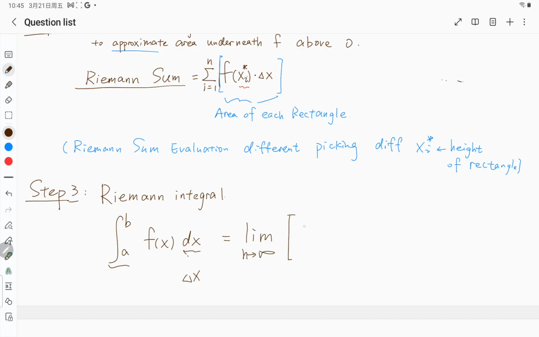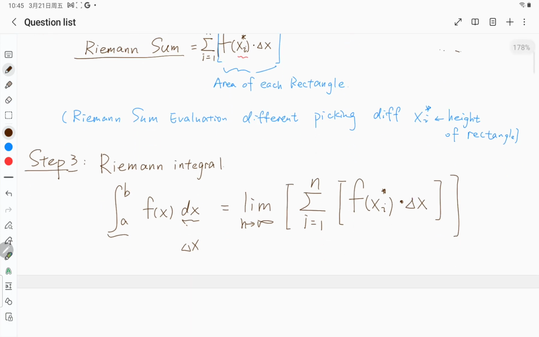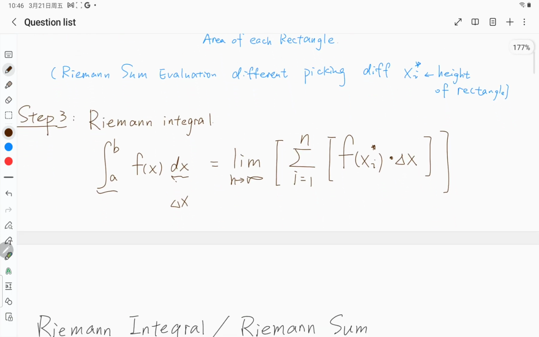So, and then the summation of i equals 1 to n of f(x_i*) times delta x, right? Like also the big bracket here, okay? Yeah, so when we take the limit, it's like taking all partitions, right?